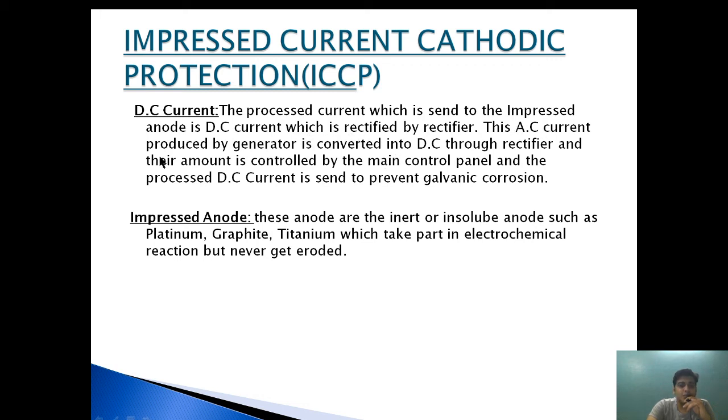The AC current produced by the generator is converted into DC through the rectifier, and this amount is controlled by the main control panel, and the process DC current is sent to prevent galvanic corrosion. So it's very clear. Impressed anode: these anodes are inert or insoluble anodes such as platinum, graphite, titanium, which take part in the electrochemical reaction but never get eroded. Very clear.